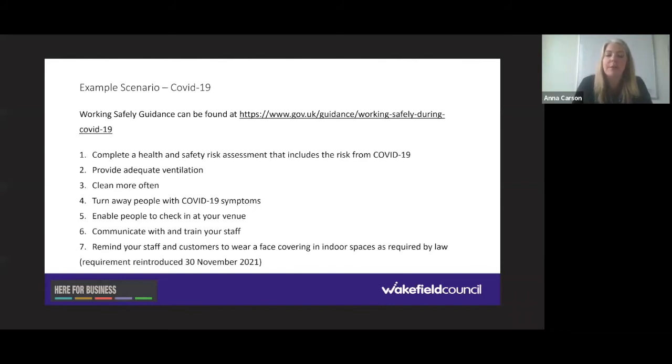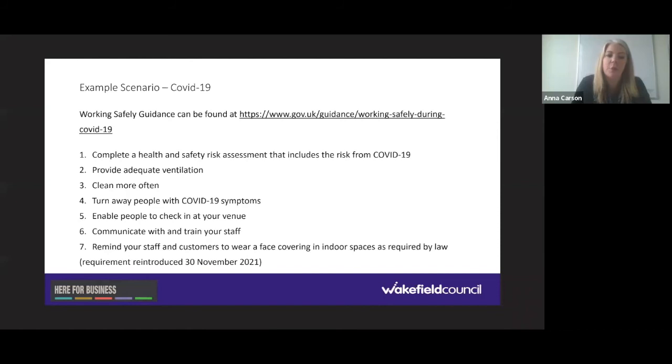There is a legal requirement at the moment for COVID passes, but as we know with COVID, the guidance and regulations change very often. But they still encourage you to have a record of who's been in your workplace in case they need to be traced. And communicate and train your staff in all the control measures that you have in place for COVID.